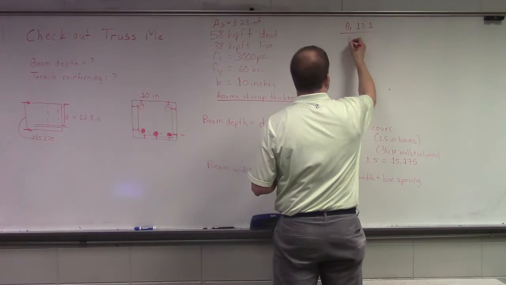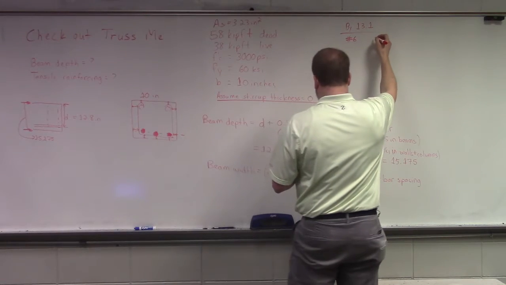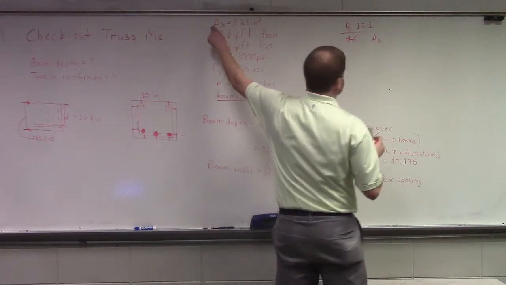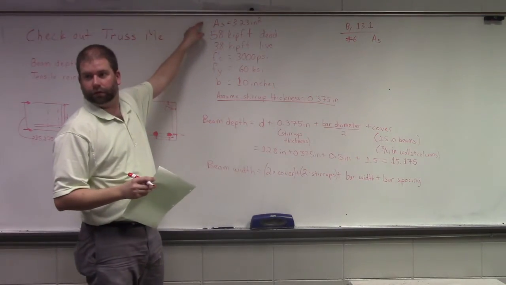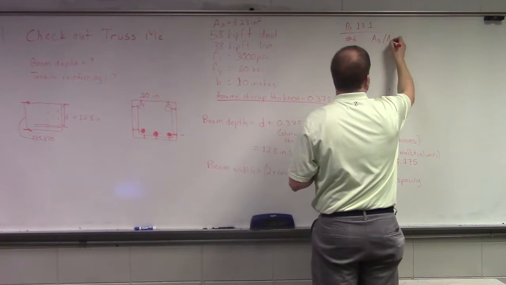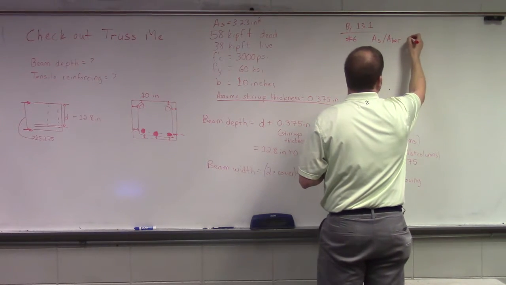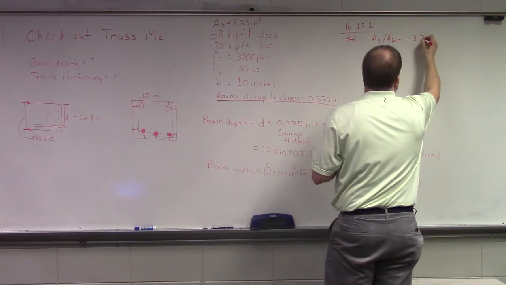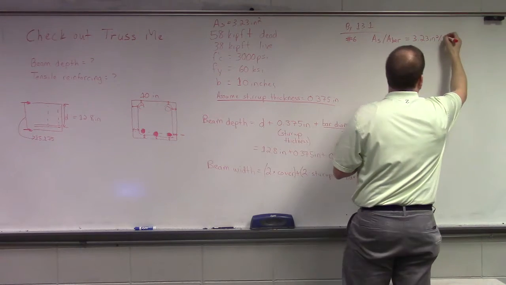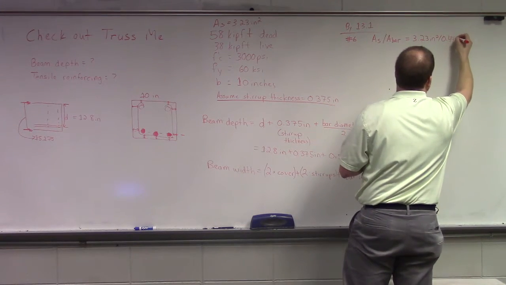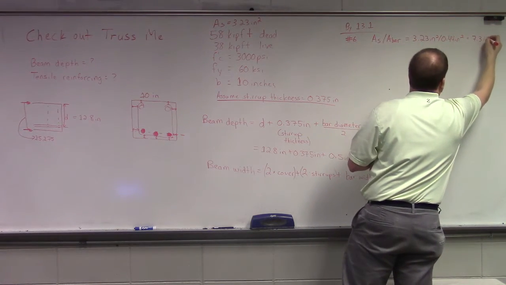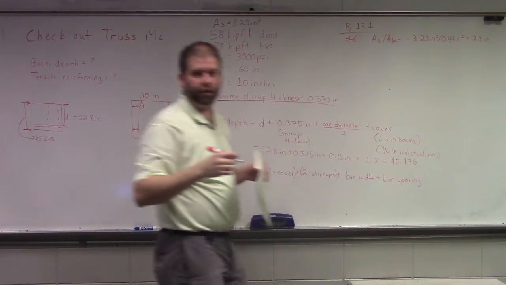What if we use number 6 steel? We have the total area of the steel, AS, divided by the area of the bar, right? So 3.23 inches squared divided by 0.44 inches squared equals 7.3.